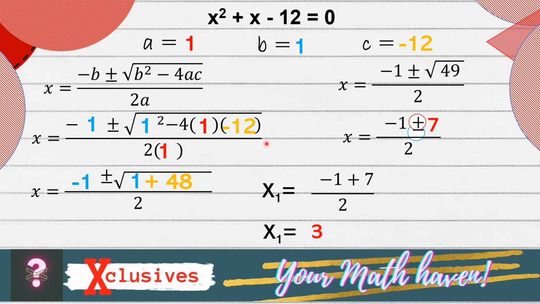And our second root is the negative value of our result. So we have x sub 2 is equal to negative 1 minus 7 over 2. So negative 1 minus 7 is negative 8 divided by 2. So we have negative 4.